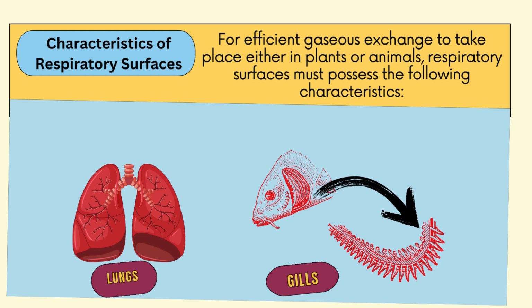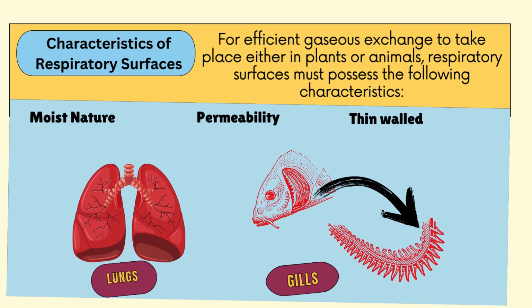Number one, respiratory surface must be moist because gases dissolve in solution through them. Number two, it must be permeable to allow gases to pass in and out of them. Number three, it must be thin-walled to shorten the diffusion distance and make diffusion easier and faster.